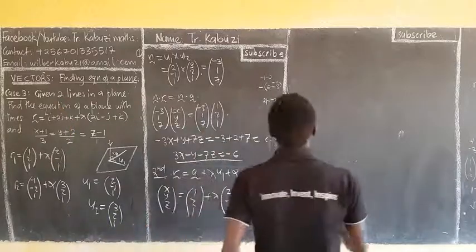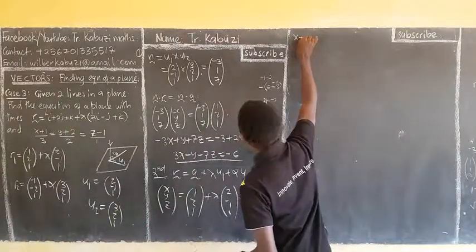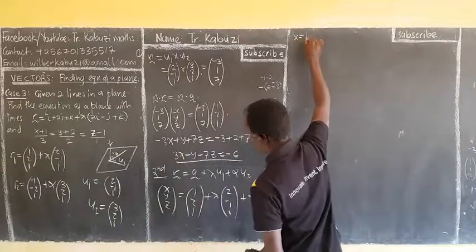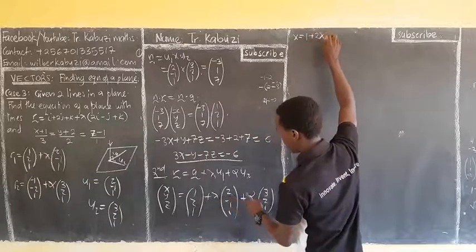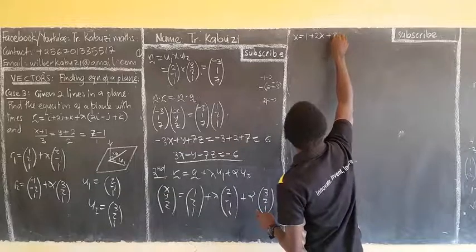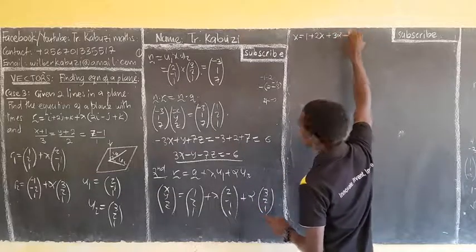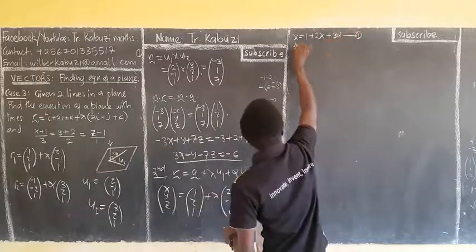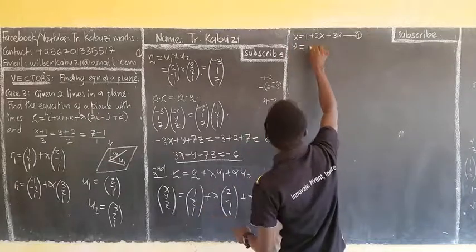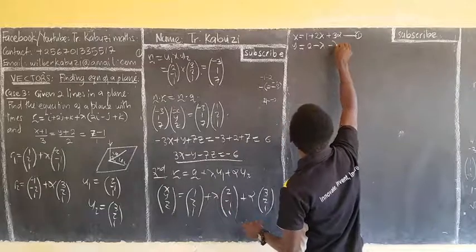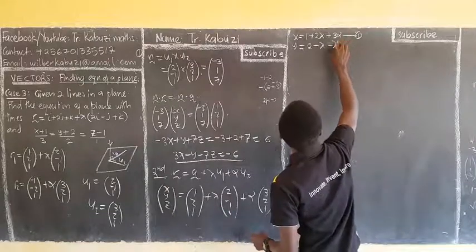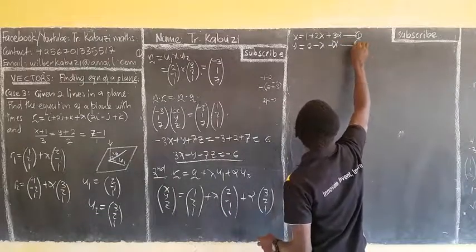If I form equations here, my x will be 1, plus 2 lambda, then plus 3 alpha, equation 1. Now my y will be 2 minus lambda, then minus alpha, equation 2.